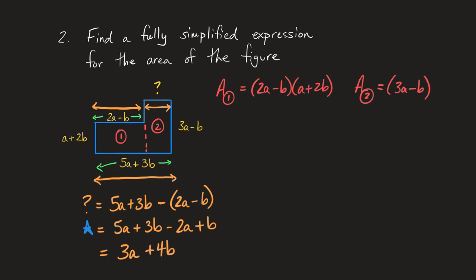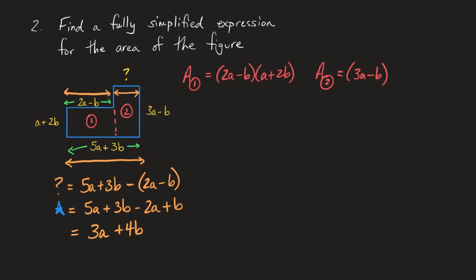That was the dimension we needed, so I could jump back up now to my area of shape 2, because I now know that I need to take 3a minus b and multiply it by 3a plus 4b. You can take a look at both parts of my red. There's me finding the area of the parts, then I put it all together to make my total.